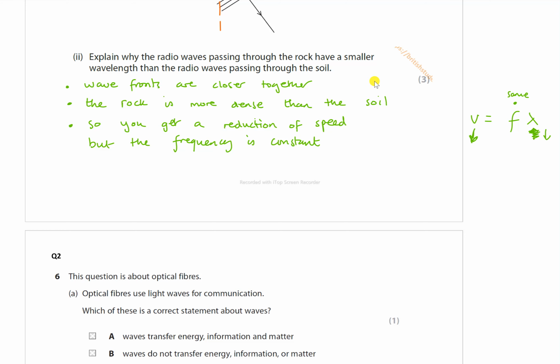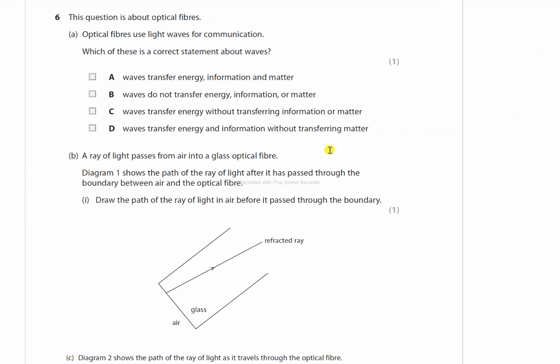I've got to be careful on that. So reduction of speed, why? Because frequency is constant and v equals f lambda. So basically, if speed goes down, wavelength goes down because frequency stays the same. Right, okay, I've got to get my head around that. So that makes both of us.